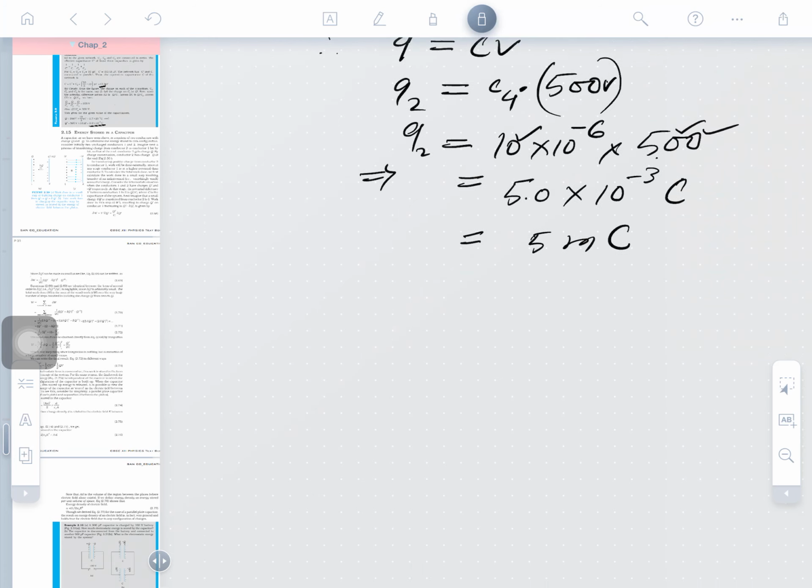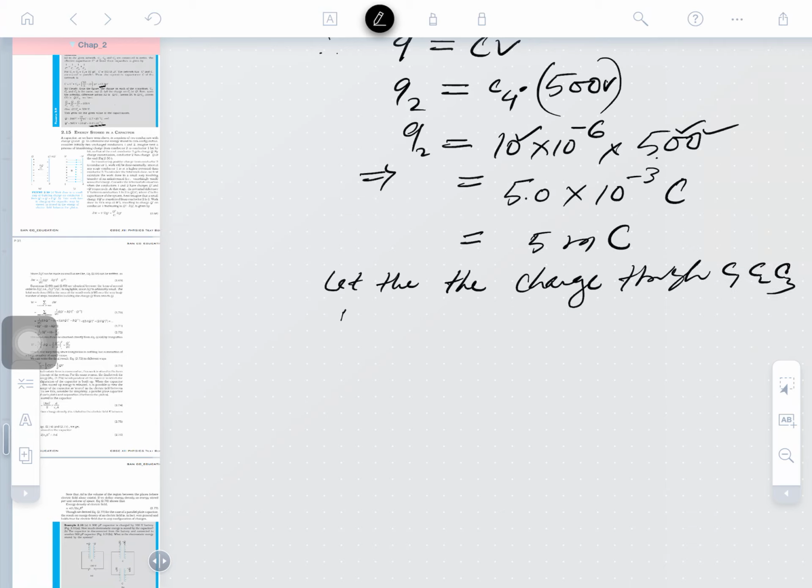So it's very simple here. Again you will suppose, let the charge through C1, C2 and C3 be Q1.